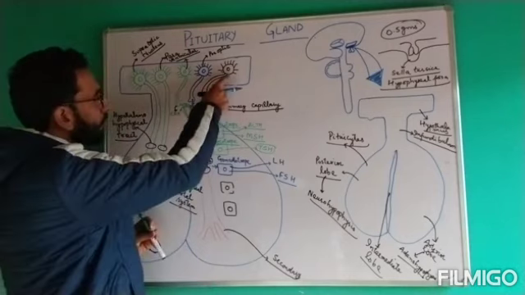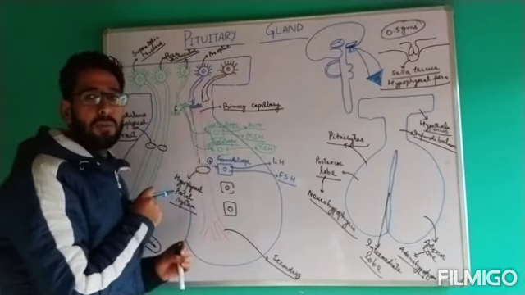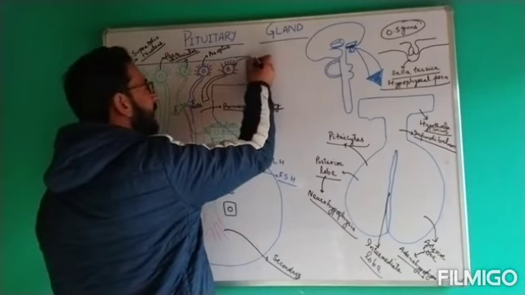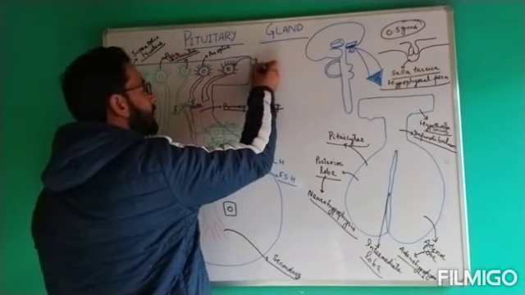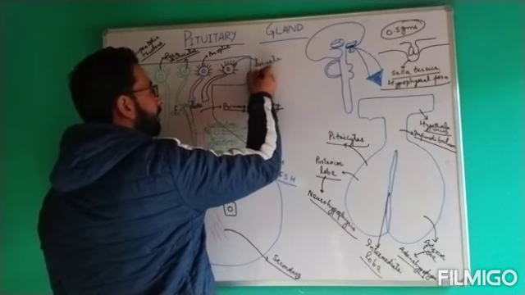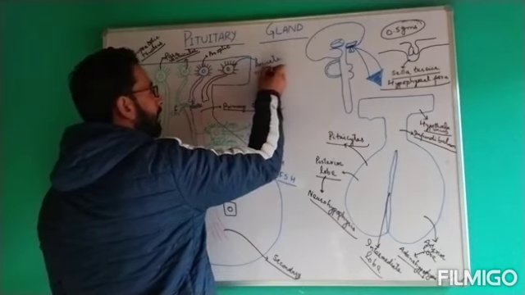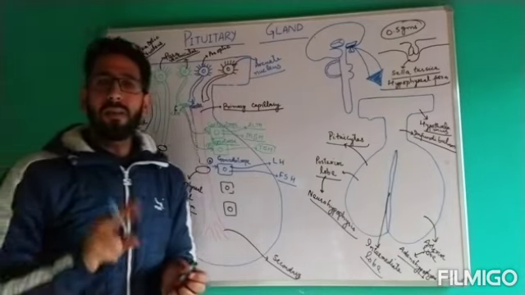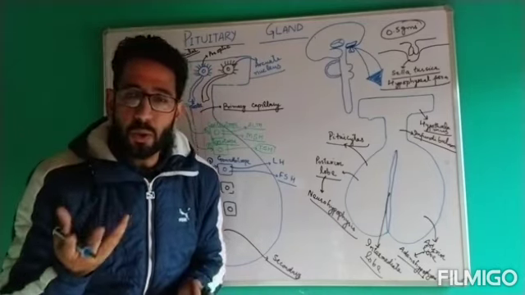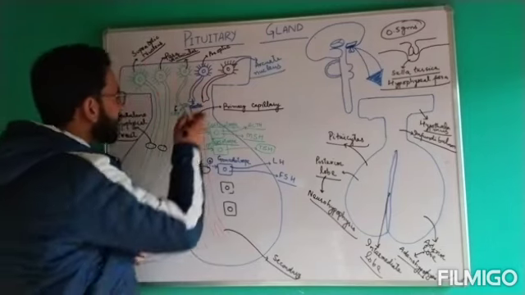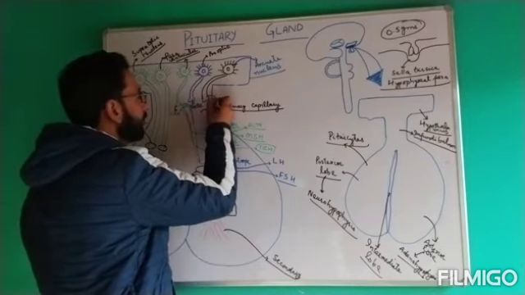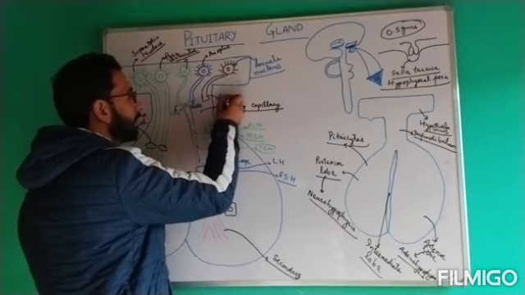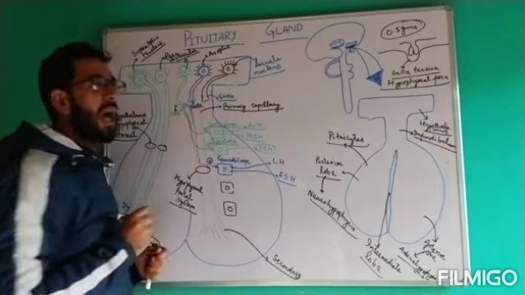Now we are going to talk about the last nucleus of the hypothalamus, which is called the arcuate nucleus. The arcuate nucleus secretes two hormones. The first one is growth hormone releasing hormone, GHRH.